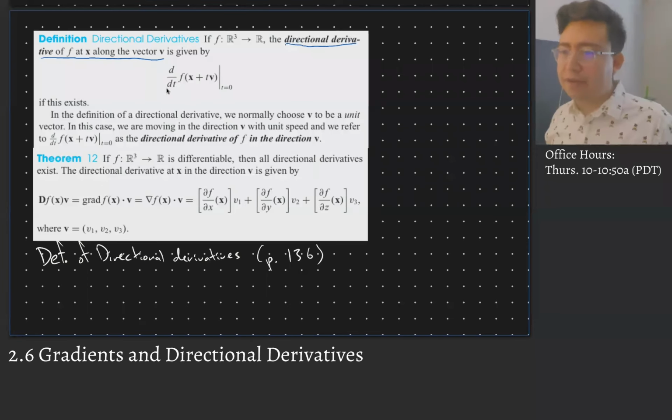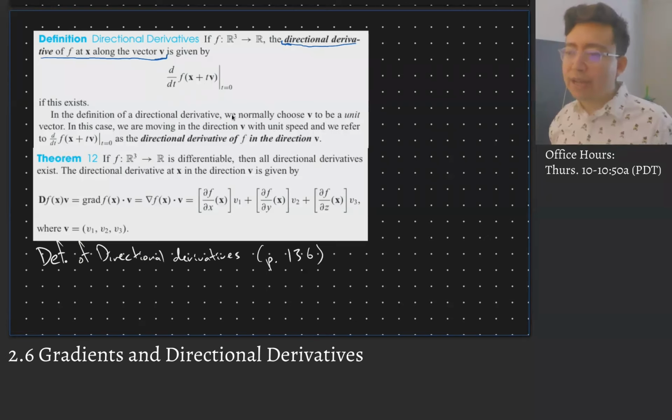You can break down what it means, but really this is not going to be how we think of the directional derivative. This is a technical definition, but the theorem that I have down there is how we actually go about computing it. The other thing from this part of the definition that I want to highlight is the way we talk about directional derivatives. We need three things: a function, a point, and a vector for the direction.